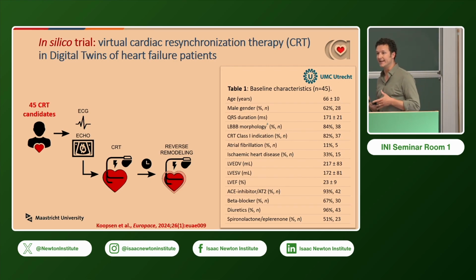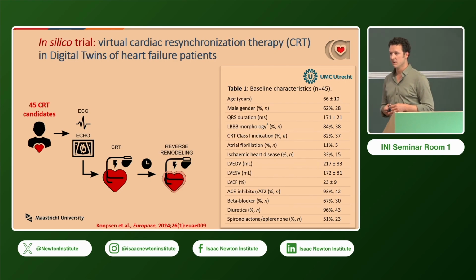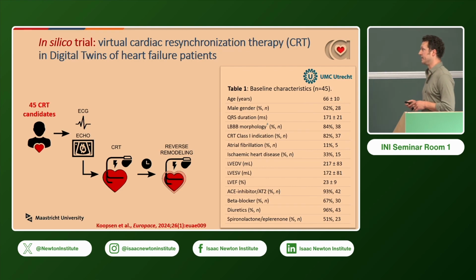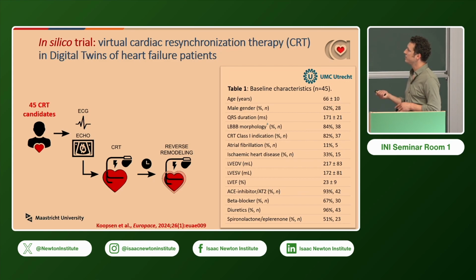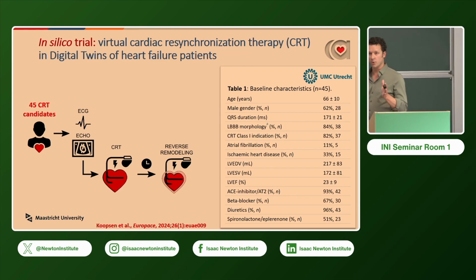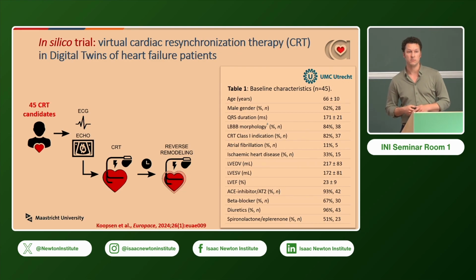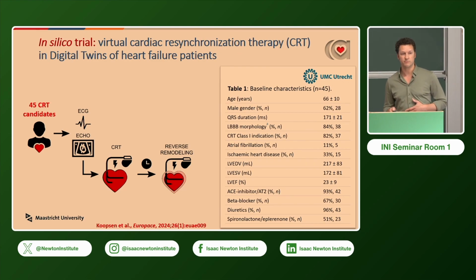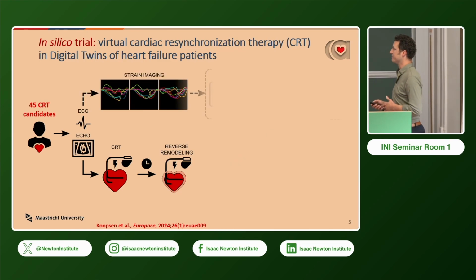They have a clinical guideline indication for implanting a CRT device. The regular clinical follow-up is that, based on an echo, an ECG, ejection fraction, QRS complex and morphology, a CRT is decided to be implanted. Then after 6 months, they look at the reverse remodeling, hoping the heart has become smaller and pump function improved, and of course at the symptoms of the patients.